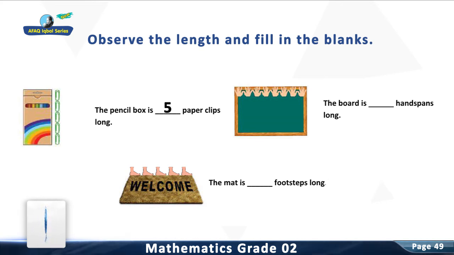Next, the board is dash hand spans long. Good. The board is 8 hand spans long. The mat is dash footsteps long. Good. The mat is 5 footsteps long.